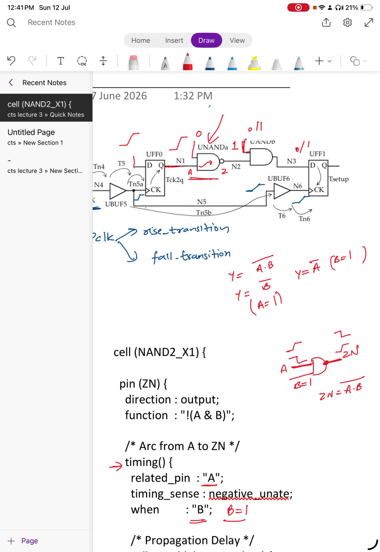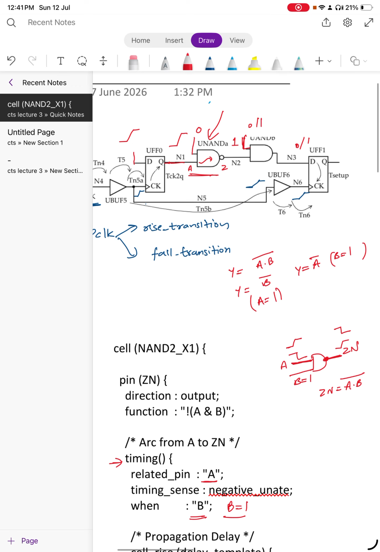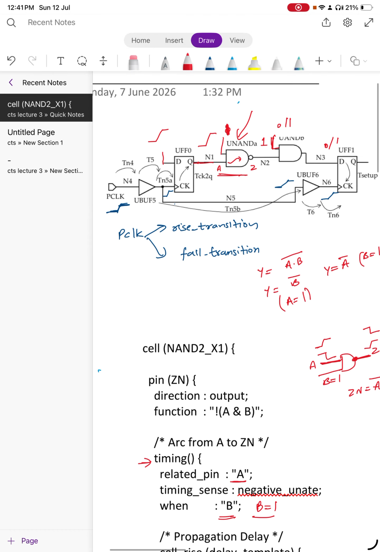So the timing tool will not be able to calculate the timing through this path. It will not report any path, any timing between this path. So this has to be 1 for the NAND gate. So this is how it works.